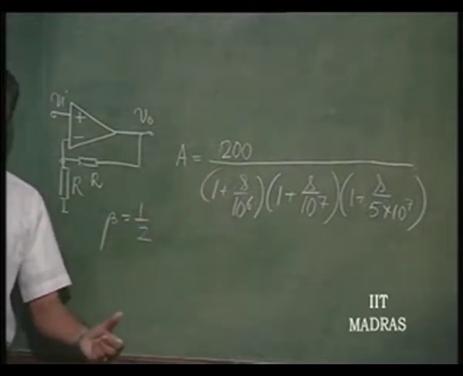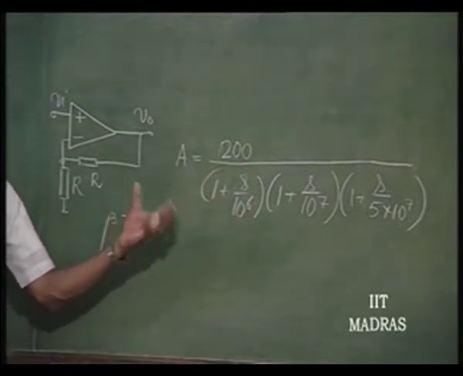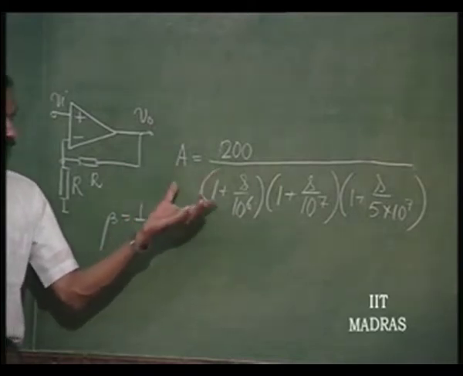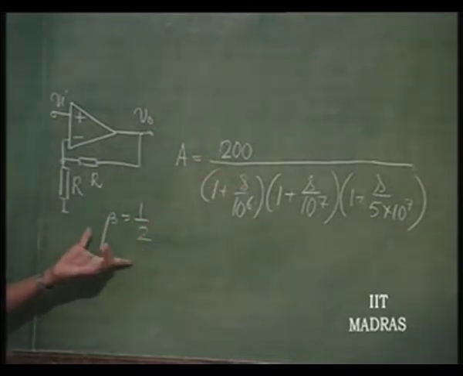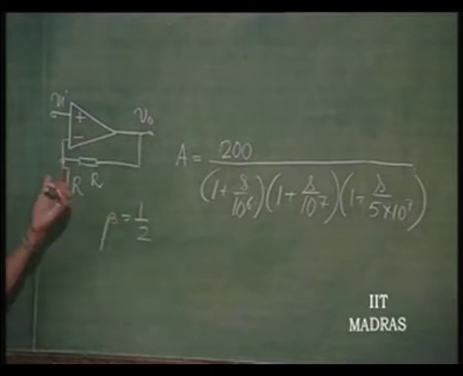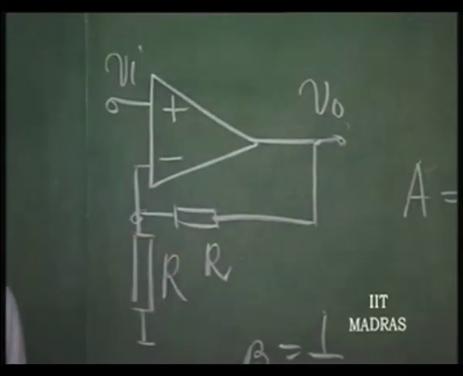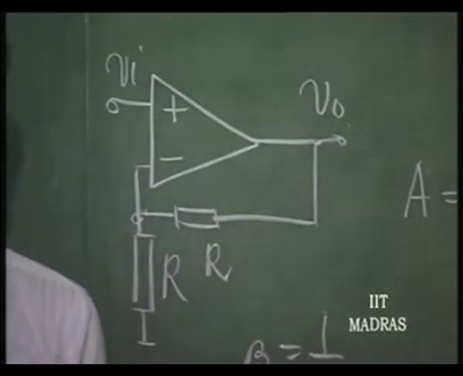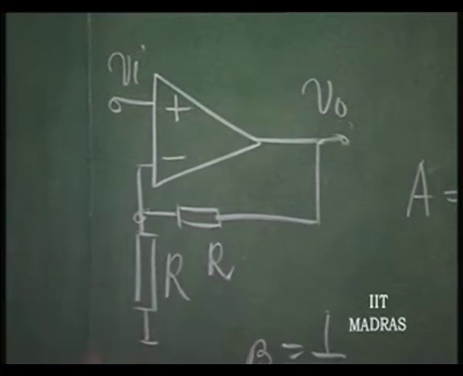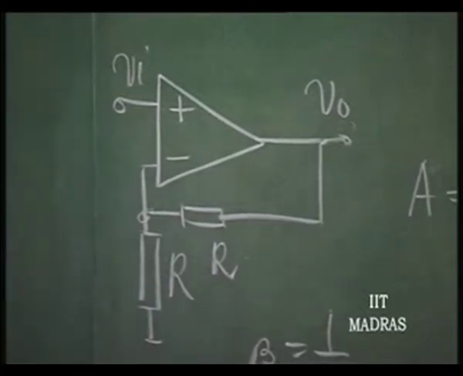Therefore, let us verify. I had actually given you a problem where A has been so chosen that, as such, if you use it, it is unstable. Let us make sure that it is unstable. Then only the pole zero compensation becomes necessary.